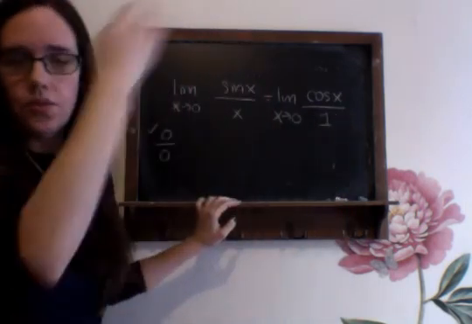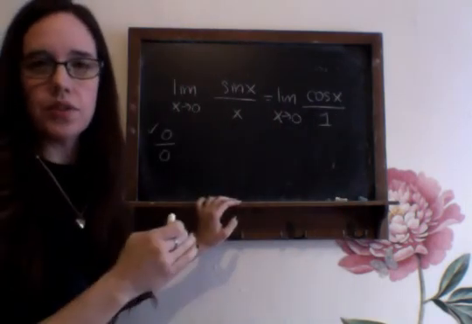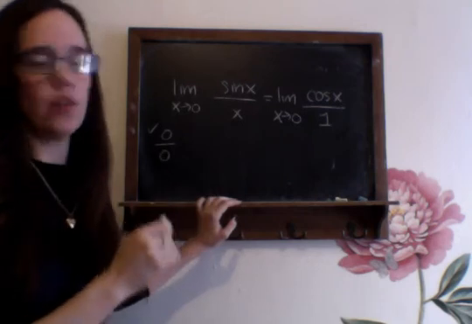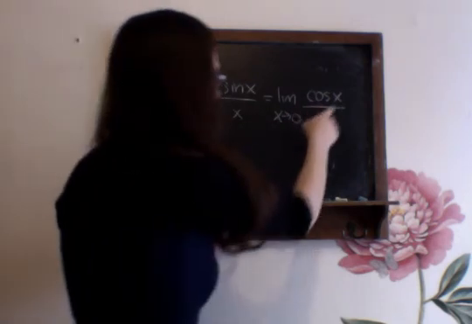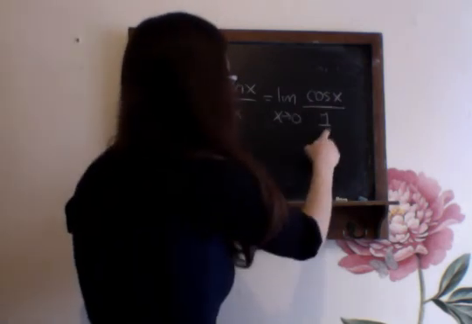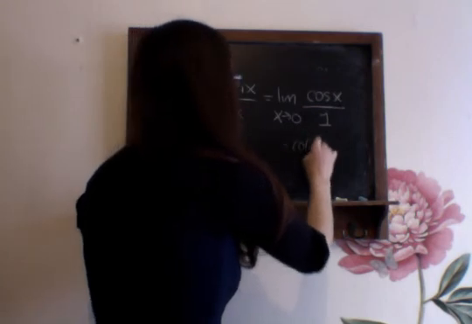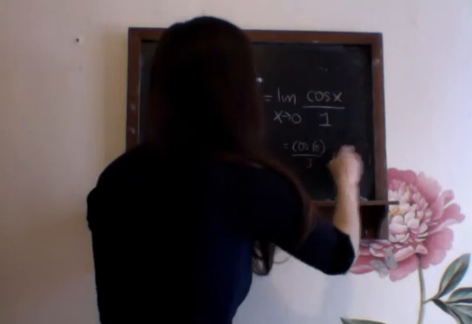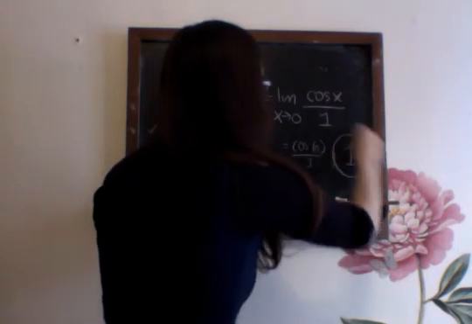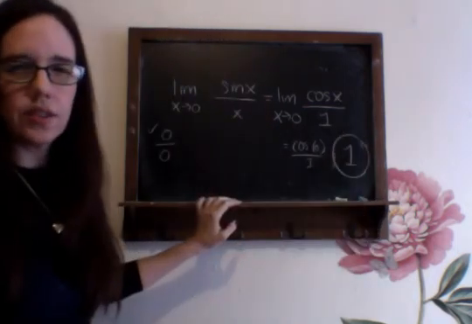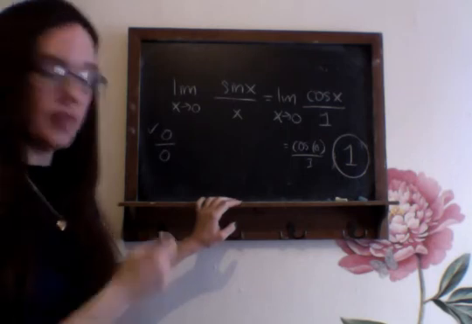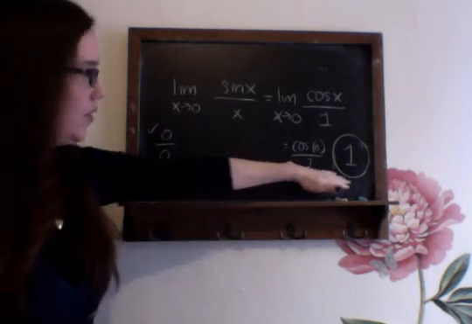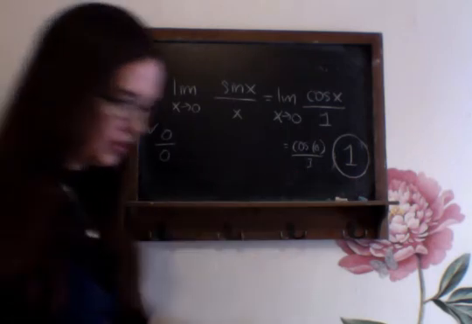Then go back to the first step, which is always to try and plug in the number. Cosine of 0 is 1, so this is cosine of 0 over 1, which is 1. Maybe use your unit circles. Great. Now we feel validated, because the limit really is 1.